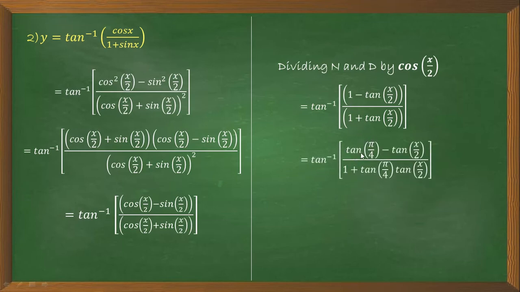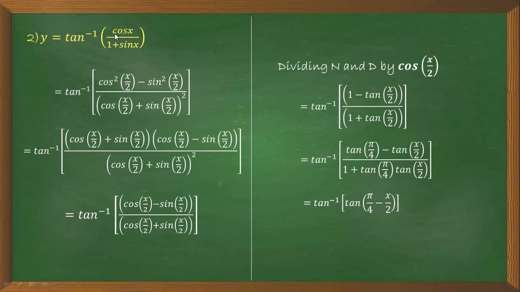So tan inverse of (tan pi by 4 minus tan x by 2). Keep this one in the denominator as it is. Do not replace it as tan pi by 4, keep it as it is because of that formula. 1 plus tan pi by 4 into tan x by 2, and hence we get tan inverse of tan of (pi by 4 minus x by 2).